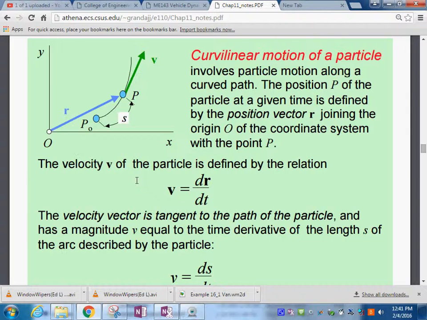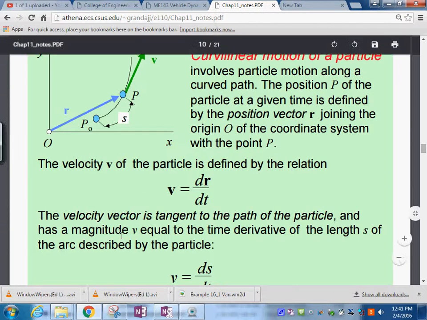And so we have to look at how the concepts hold in there. Would it still be true that the velocity is the change of the position, but could we express it in terms of the vector r? In other words, the position of the point P depends on where this is going.